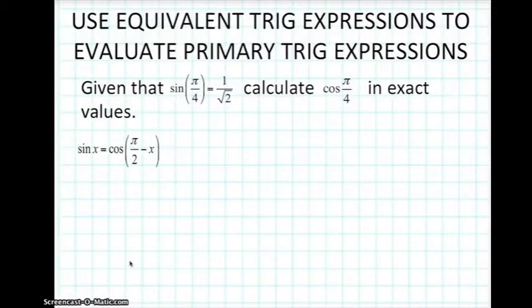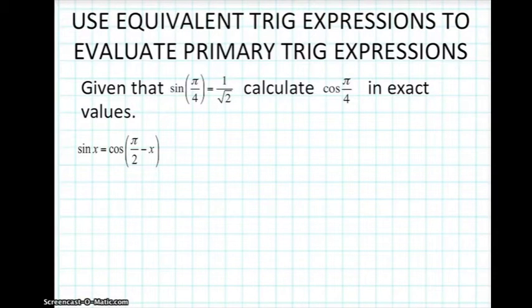Use equivalent trig expressions to evaluate primary trig expressions. Given that sine pi over 4 equals 1 over root 2, calculate cos pi over 4 in exact values. So we know that sine x equals cos pi over 2 minus x.